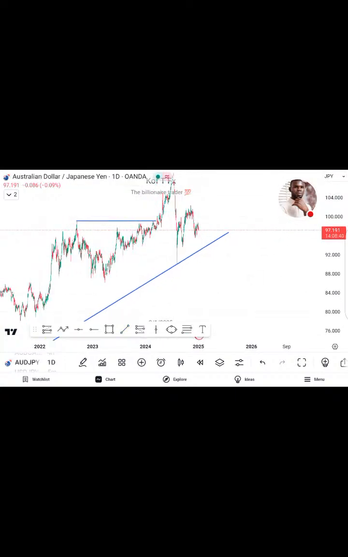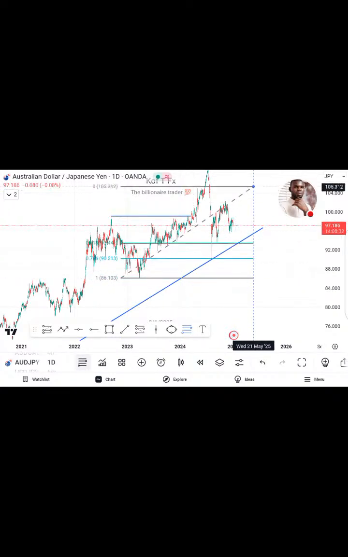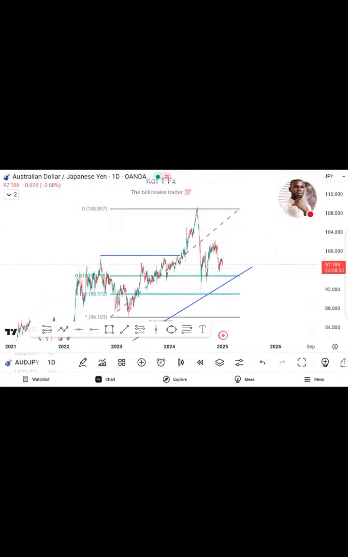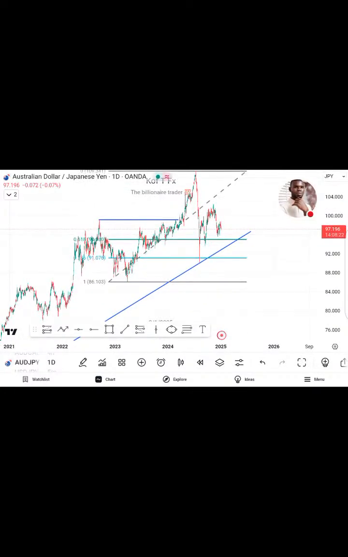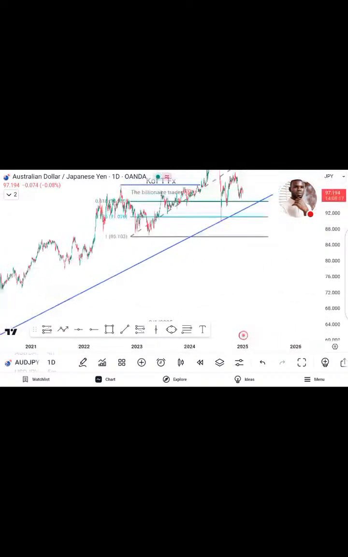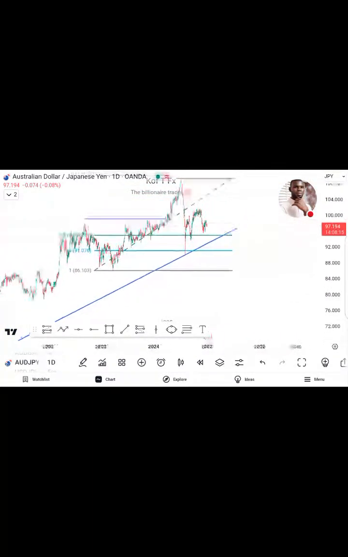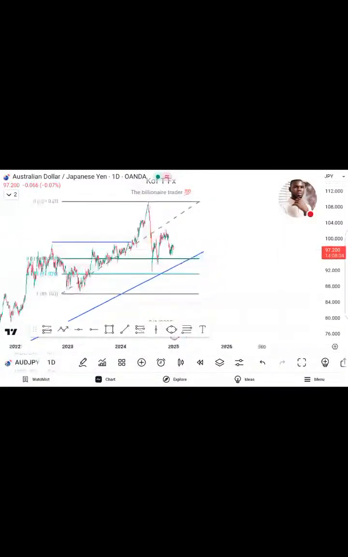You can see that break of structure. And let me use Fibonacci. Can you see this? That's the break of structure, and we have Fibonacci, which means that price has already retraced to the 0.76 Fibonacci level of the whole range. So what are we expecting?